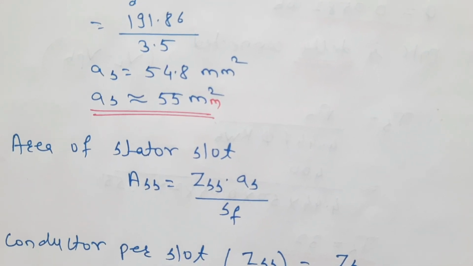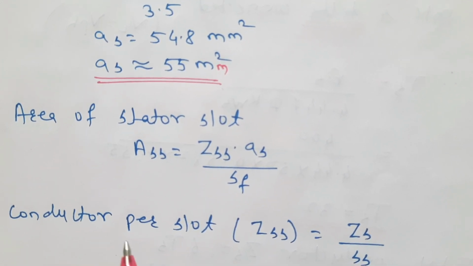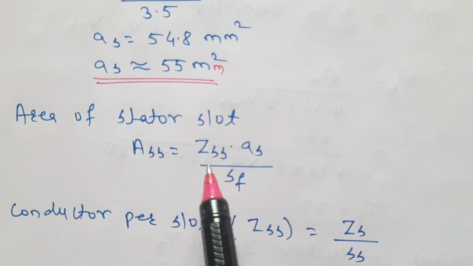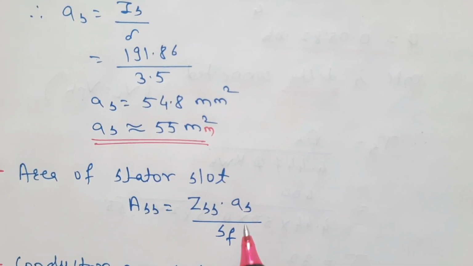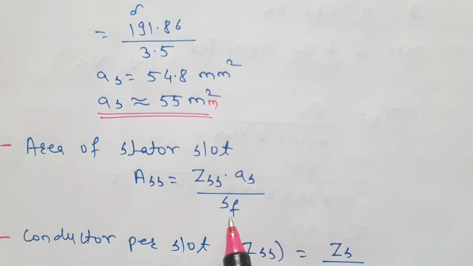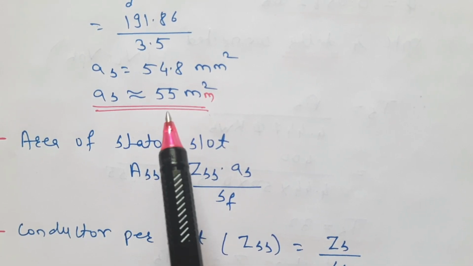Now we can find area of stator slot. Area of stator slot ASS is equal to ZSS into AS divided by SF. This ZSS is conductor per slot, AS is cross sectional area of conductor, SF is the slot space factor which is in the given data, that is 0.4. AS we already found, AS is 55 mm square.